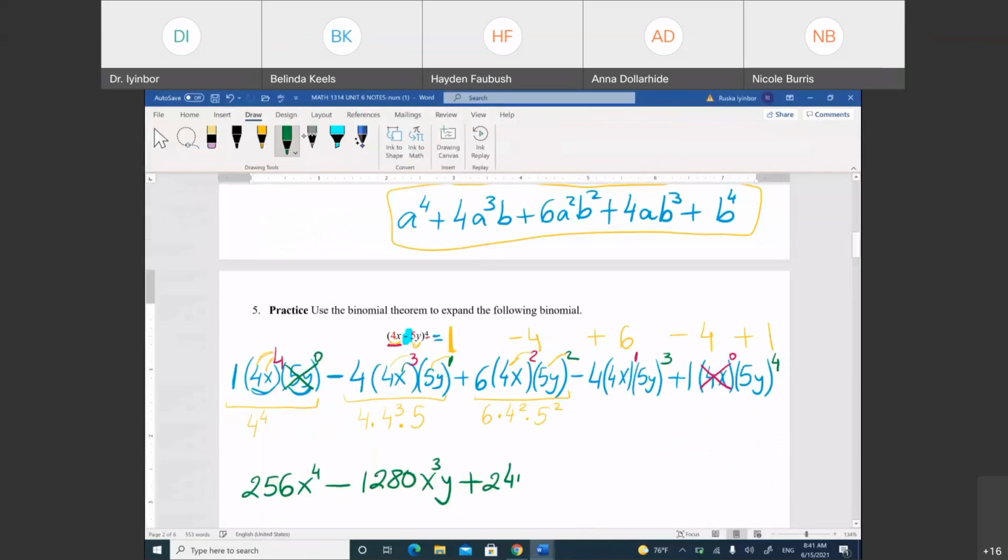And then I have x squared and y squared. Then the next one is going to be minus. Let's see what you're multiplying here. We're multiplying 4 times 4 to the first, 4 again, and times 5 cubed. So let's see what is that.